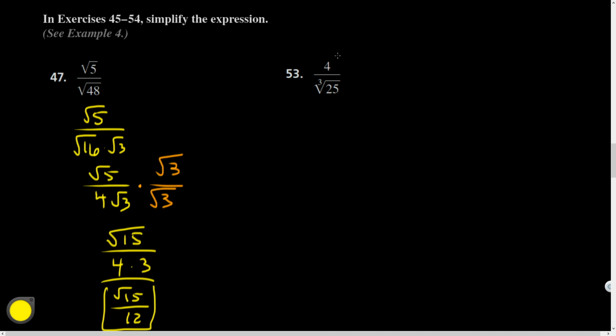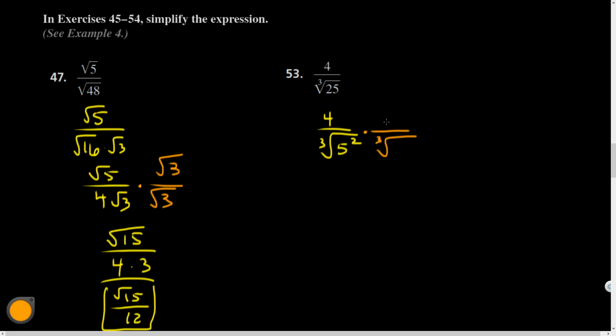All right, tricky. Here we go. I'm going to write this 25 as being 5 squared. And since this was a cube root, I'm going to have to multiply by a cube root to get any work done. But if I multiplied by the cube root of 25, 25 times 25 is, well, whatever it is, it's not a perfect cube.